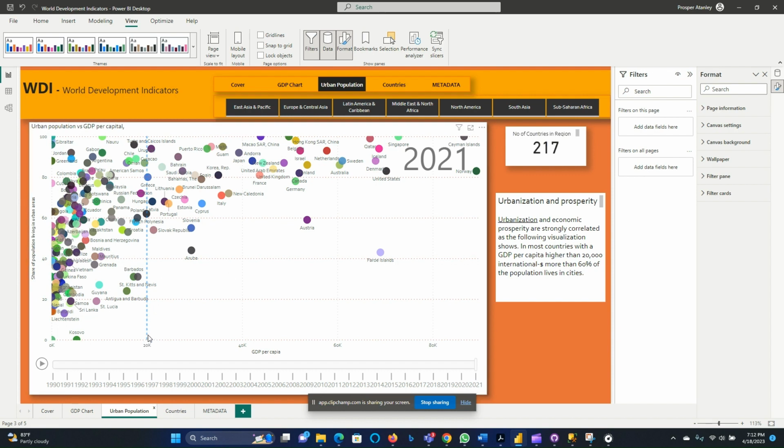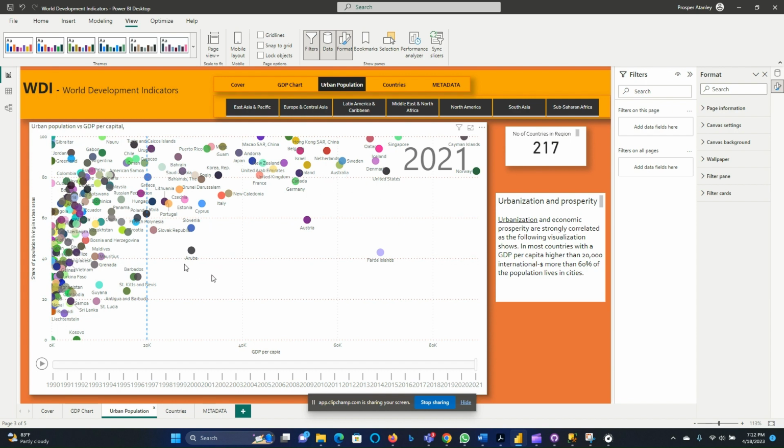So I drew this line to separate 20,000 GDP per capita and beyond. Then if I draw this line here at 60%, most of the countries with higher GDP have about 60% or more of the population living in the urban centers.